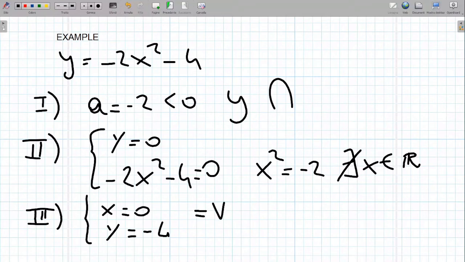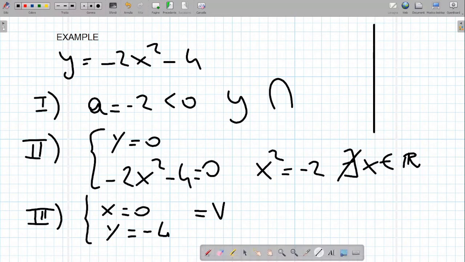And it is quite easy now to draw the parabola. We can just put it here. There is no intersection, so I wouldn't expect anything on the positive part. It will be concave. I can put the vertex here. This will be our vertex.